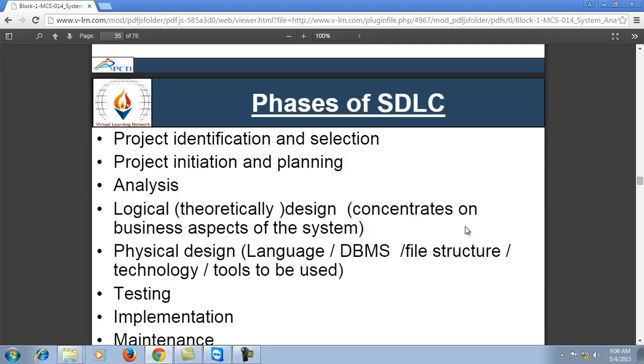If it is decided that we have to do it, it means now this project has to be initiated. Not only initiated, rather it should be planned. And planning involves extensive analysis. This analysis gives rise to the logical and physical design in terms of business aspect, file structure, database, languages, tools and techniques. Right?